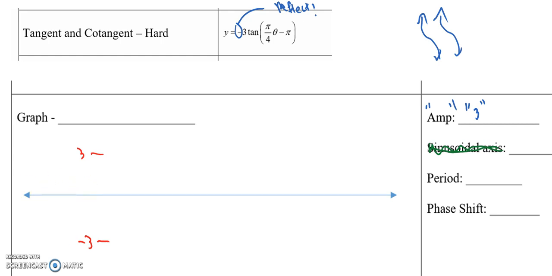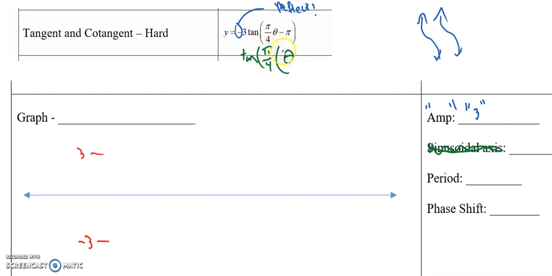Now let's talk about the period and the phase shift. These are our horizontal transformations, which is going to require me to do some work here. I want to factor out this pi over 4 from my theta so that I can isolate the horizontal stretch or shrink from the horizontal or phase shift. So first of all, I divide that by pi over 4.